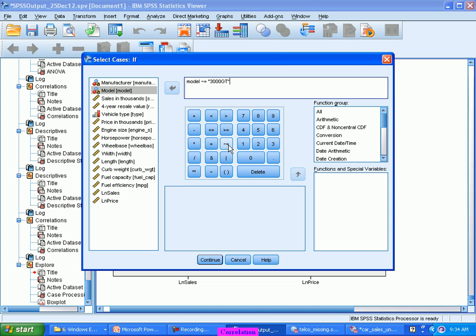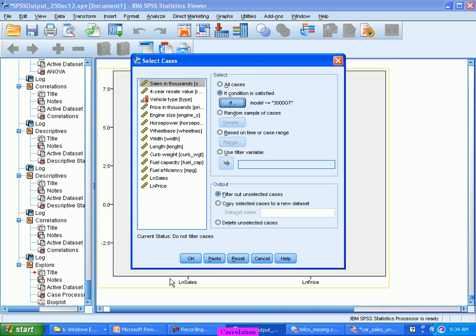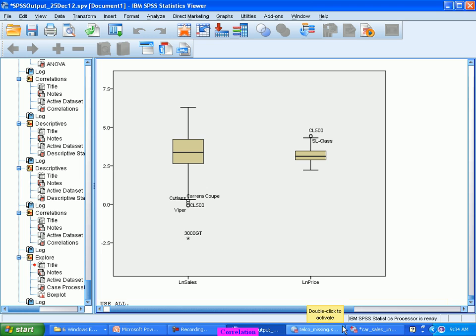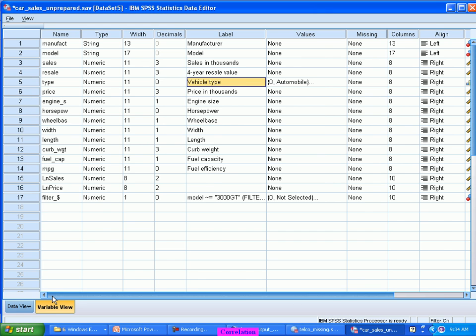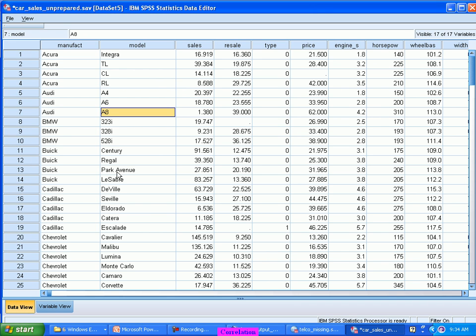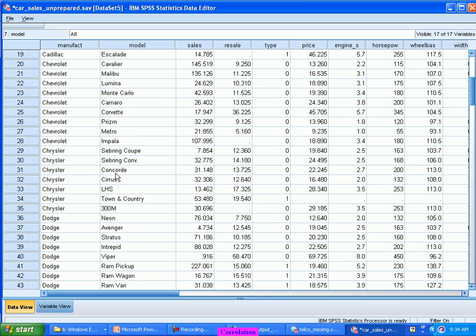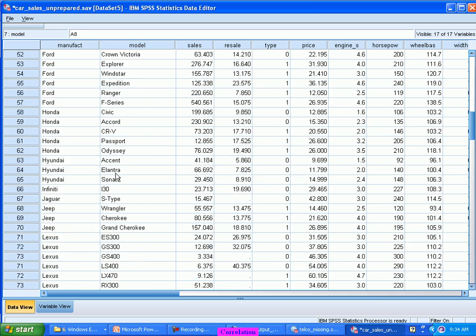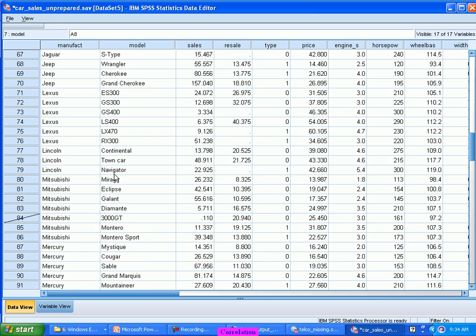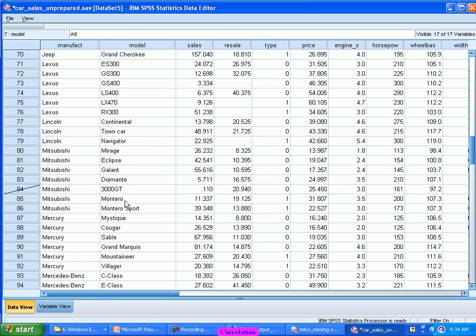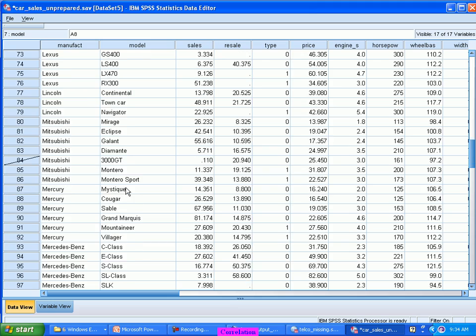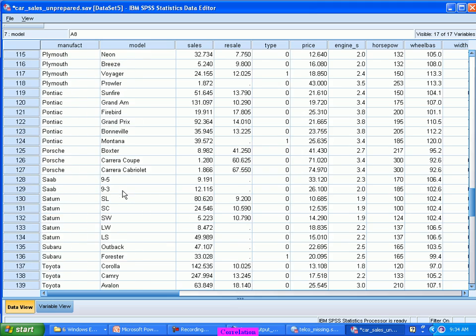I'll say select all the cases where the model name is not equal to 3000 GT. So obviously in our data now, if I go back, the 3000 GT should be highlighted or crossed off. Look at 84. Mitsubishi 3000 GT is crossed off and all the rest of the models are included.